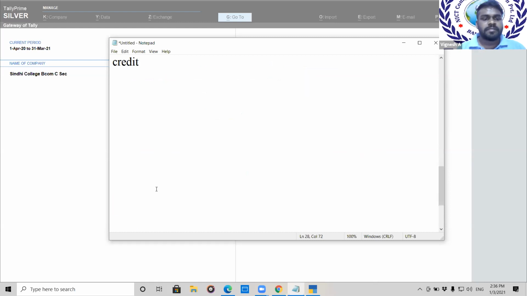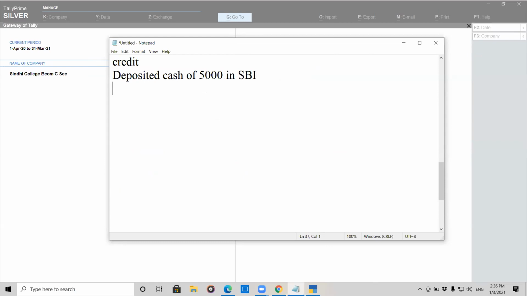I'll give an example for a personal account. Deposited cash of 5,000 in SBI. Journal entry: bank account debit to cash account. Very good. Why is bank debit here?